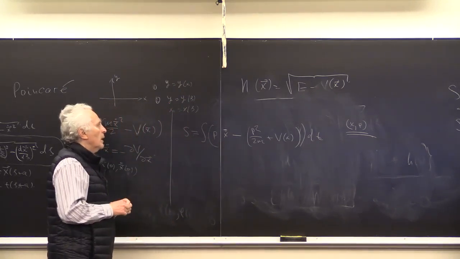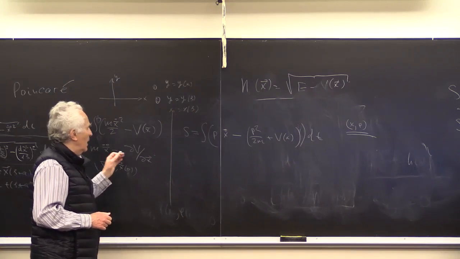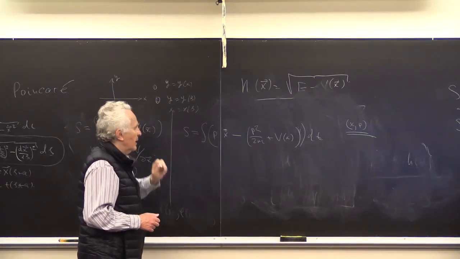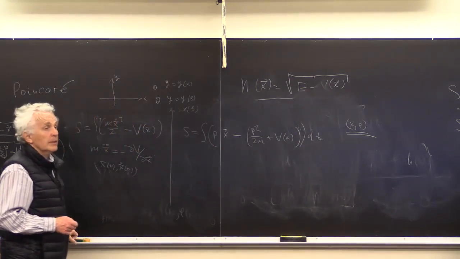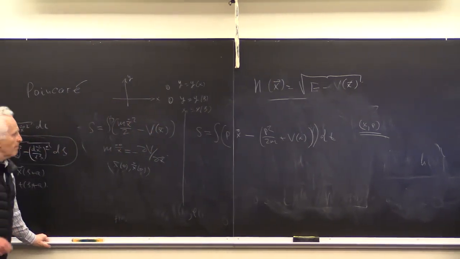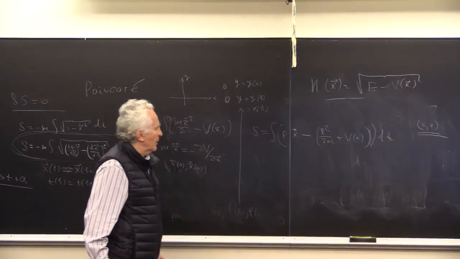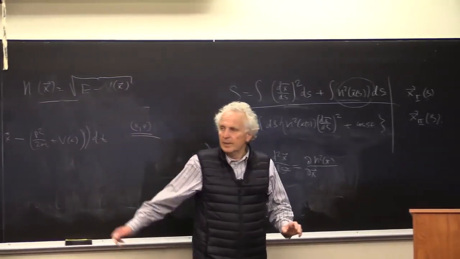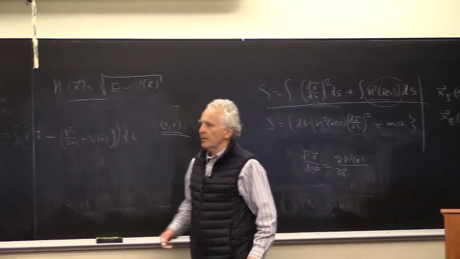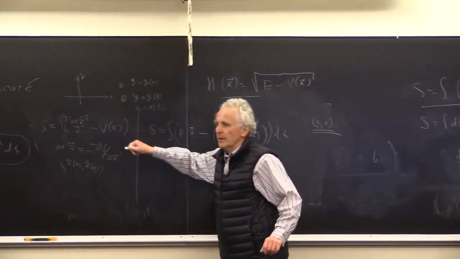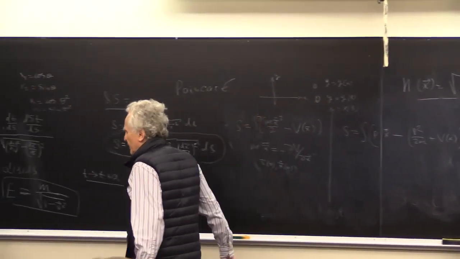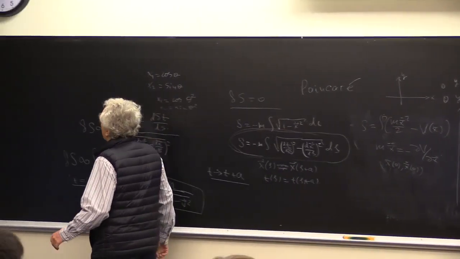So first of all, how do we check that this thing and this thing are equivalent? Let's suppose we start with this functional. How to get back to this one? It's the procedure which we followed in a different case in this lecture.